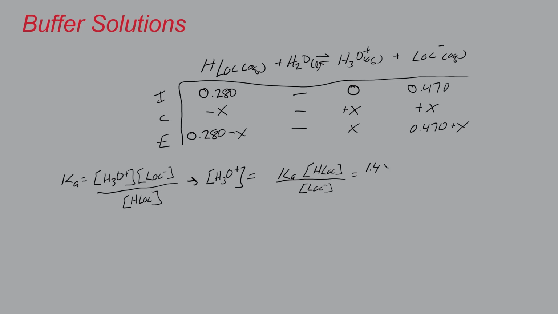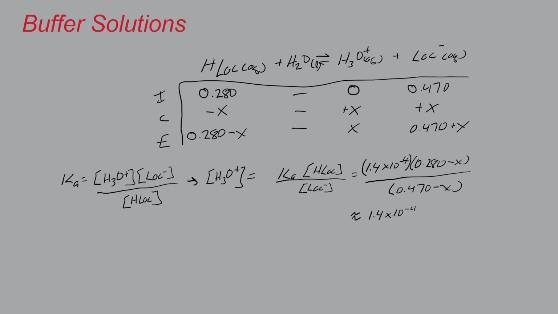This is 1.4 times 10 to the negative 4 times 0.28 minus X, all divided by 0.47 plus X.